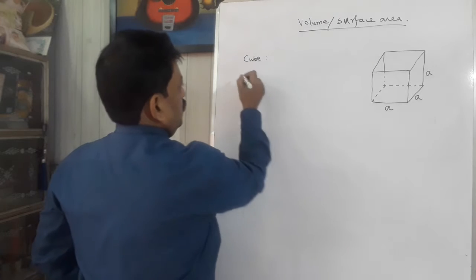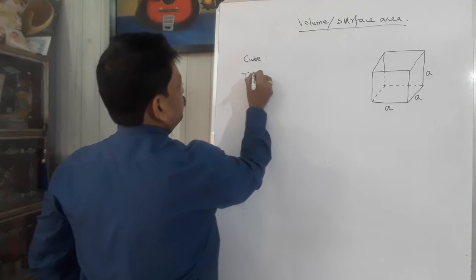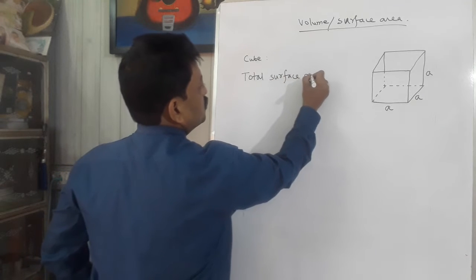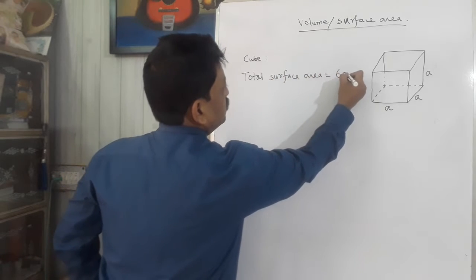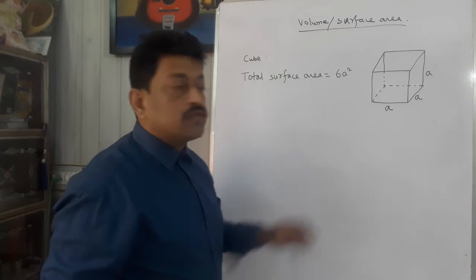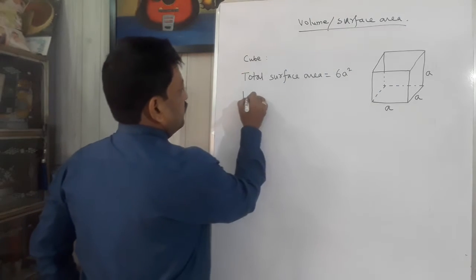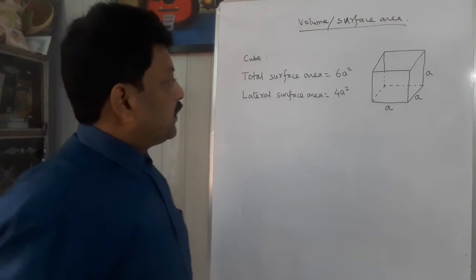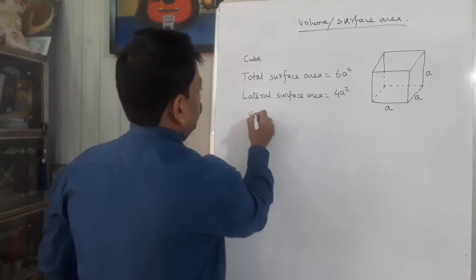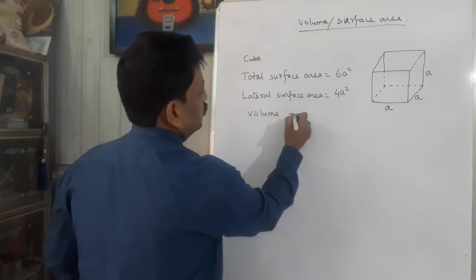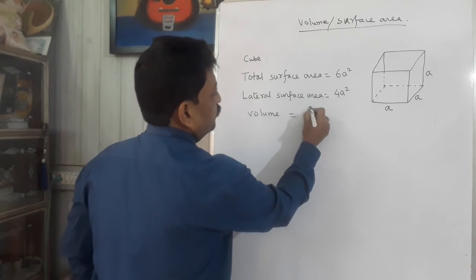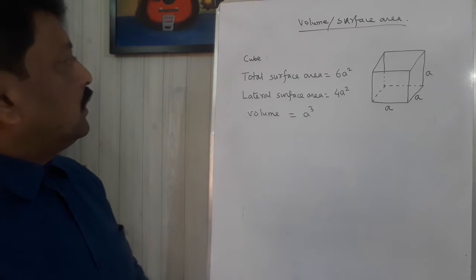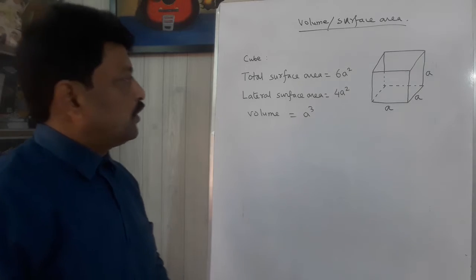So its total surface area equals 6a square, because there are 6 square faces. Lateral surface area is 4a square, and volume is side cube, a cube. Okay, in this way we can find the total surface area, lateral surface area, and volume.